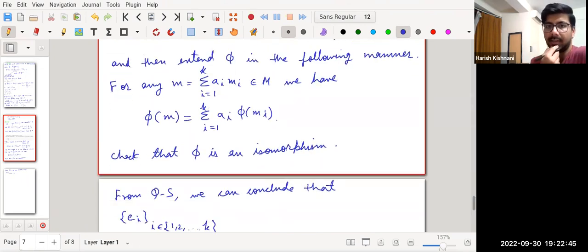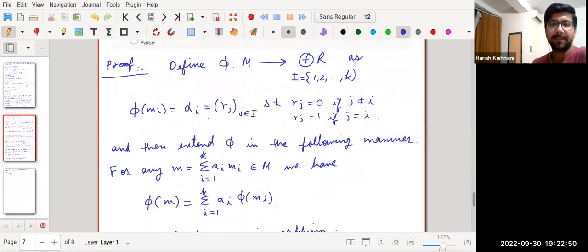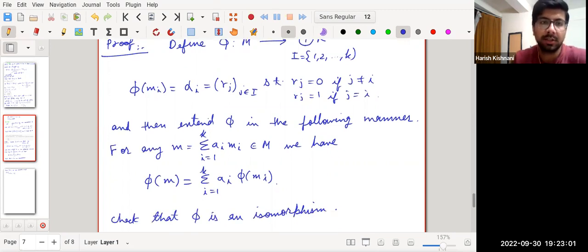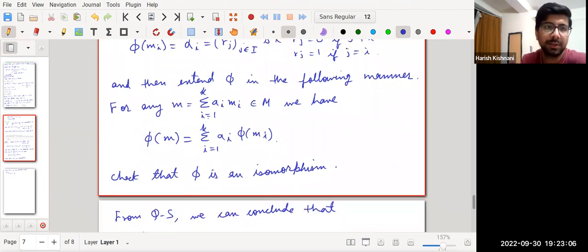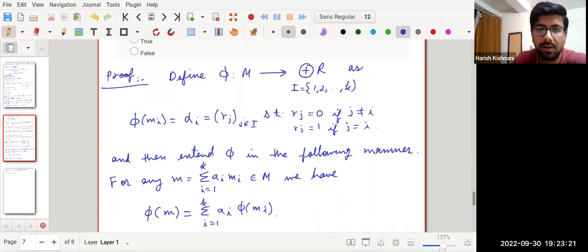So it will cover the entire R, because each element of R, just give me a second, it is going to be surjective, but need not be injective because we are not assuming unique representation. So phi is an onto homomorphism.